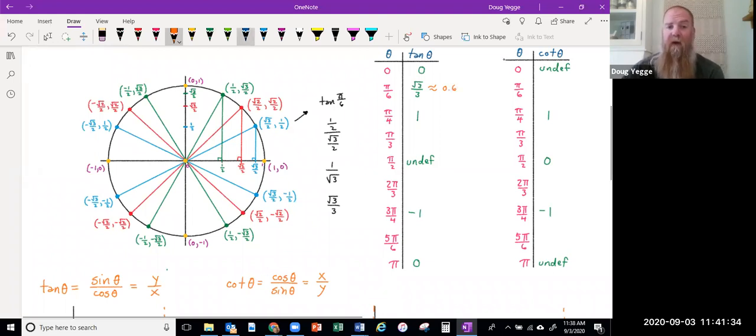Well, that must mean as well that if we look at 5 pi over 6, which is at the exact same location, the ratio is going to be the same. The only difference is that now it's going to be negative root 3 over 3, which we should realize is approximately negative 0.6.